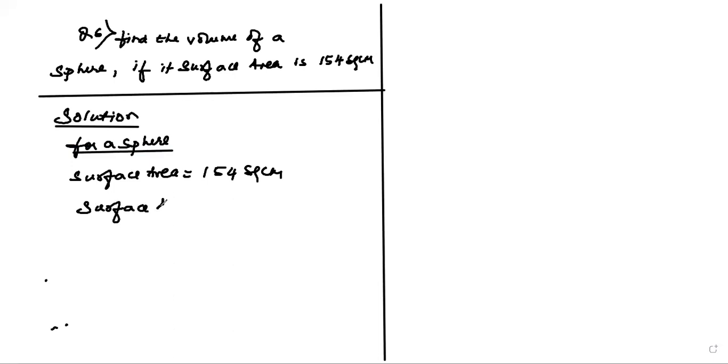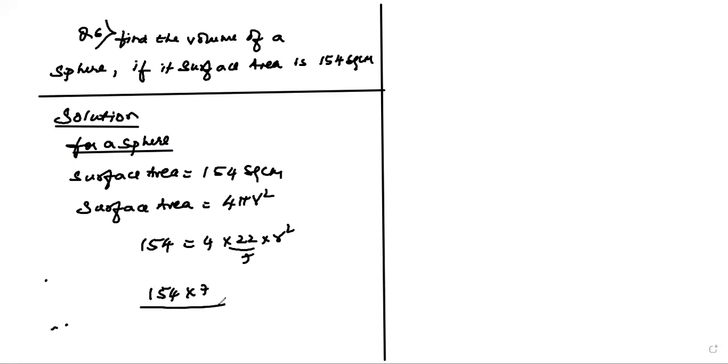The surface area of a sphere is 4 pi r square. 154 equals 4 into 22 upon 7 into r square. So what will happen? 154 into 7 upon 4 into 22. 22 sevens are 154.